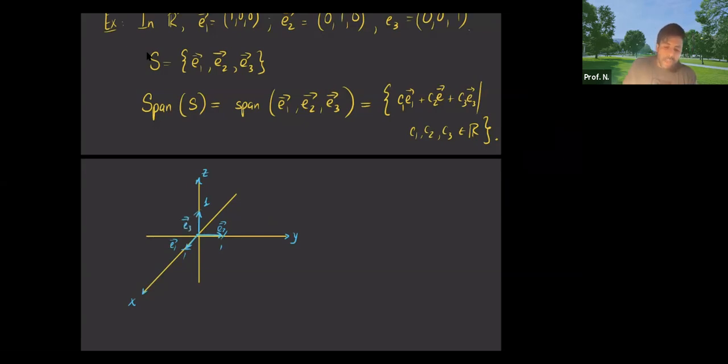So when we have a linear combination of these vectors, what do you think the span is? Before we get there, what's the span of E1 and E2?